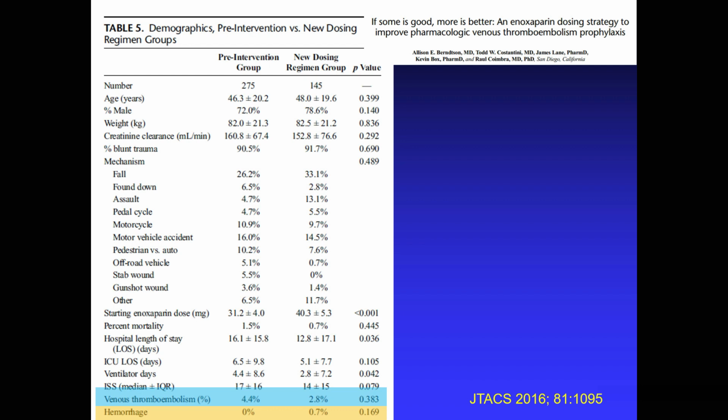Also not statistically significant was a slight trend toward increased bleeding with higher dosing. Perhaps more concerning was the observation that around half of the VTE complications which did occur were in patients with a therapeutic level of anti-10A suppression, raising concern about how accurate the barometer anti-10A levels are for assessing VTE prophylactic efficacy.